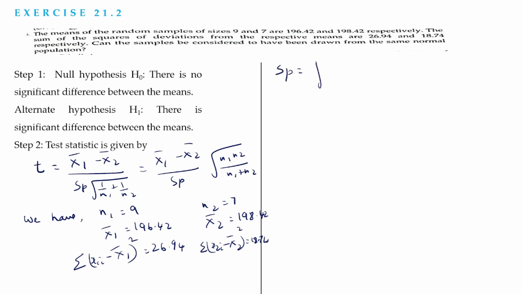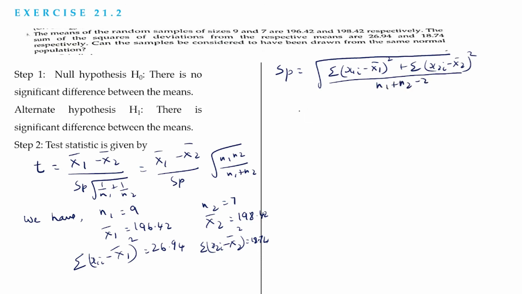sp is equal to root of (summation (x1i minus x1 bar) the whole square plus summation (x2i minus x2 bar) the whole square) upon n1 plus n2 minus 2.